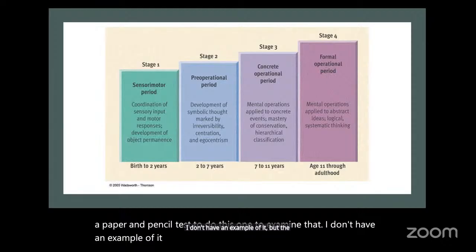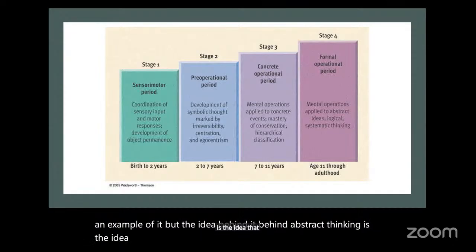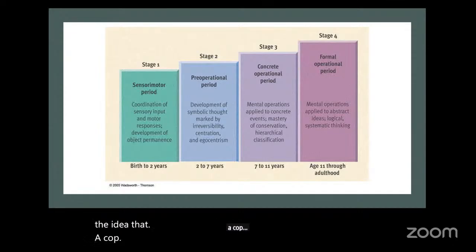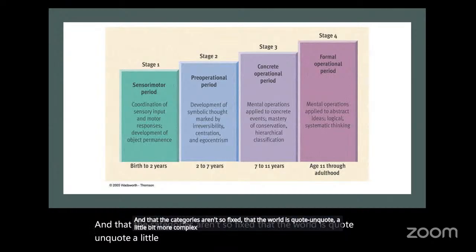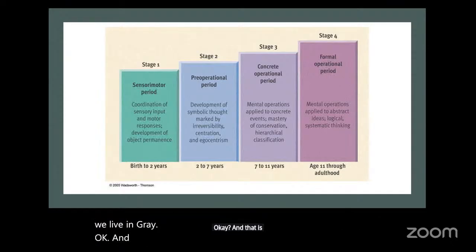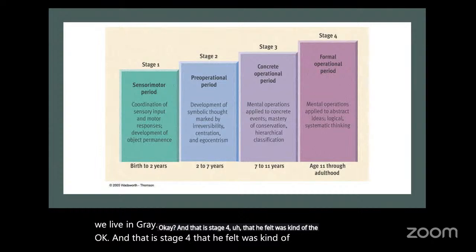But the idea behind abstract thinking is that a cop can do bad things and a criminal can do good things, that men can act feminine and women can act masculine, and that the categories aren't so fixed, that the world is, quote unquote, a little bit more complex. We don't live in black and white, we live in gray. And that is stage 4, which he felt was the final phase of development.